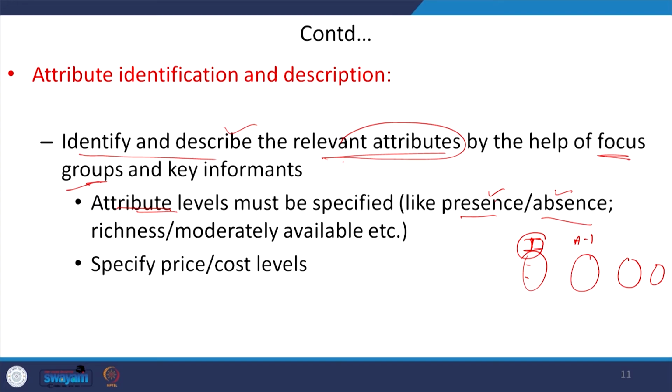So, in the case of this original situation, what is the price or cost level that the focus groups are talking about, and how are they going to pay for it if they need a better change. And in the second one also we are narrating all these attributes and labeling them, then we can also specify the price or cost level associated with this alternative 1 scenario, and likewise.